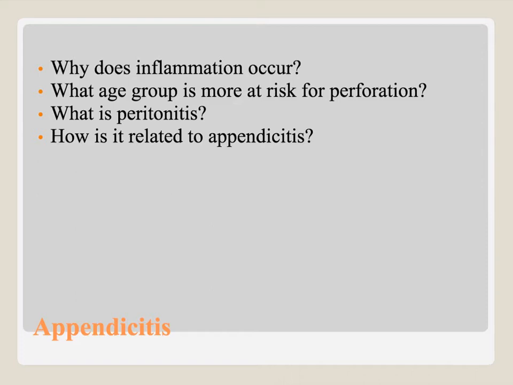A couple of things can happen when appendicitis occurs. If it's a slow process, an abscess may develop, which can cause a lot of pain and discomfort. If the inflammatory response happens rapidly, it could result in something called peritonitis, which we will talk about in the next few slides.